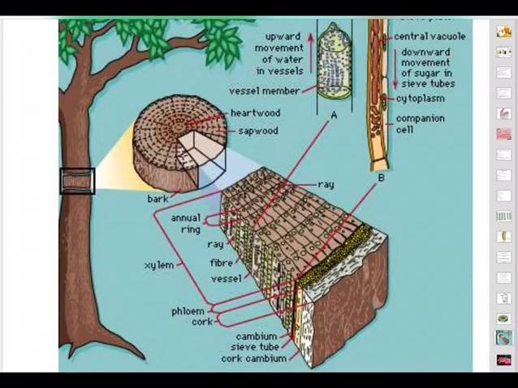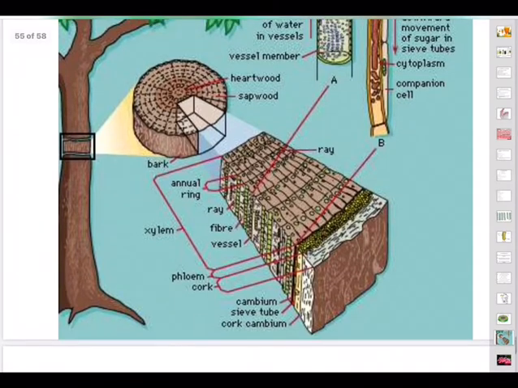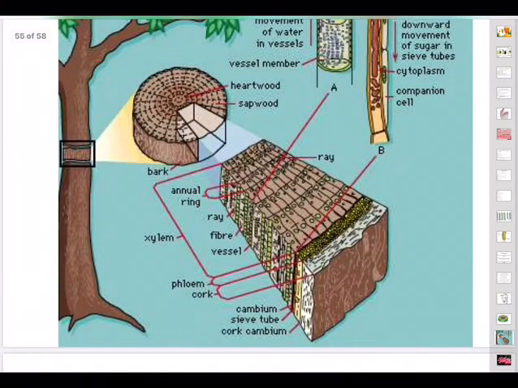There are sieve tubes, and you can see the downward movement of sugar in sieve tubes, and there is the presence of companion cells. Further, you can see secondary growth, bark is formed, and inside there is sapwood and heartwood. We'll be talking about all this in our topic called secondary growth.